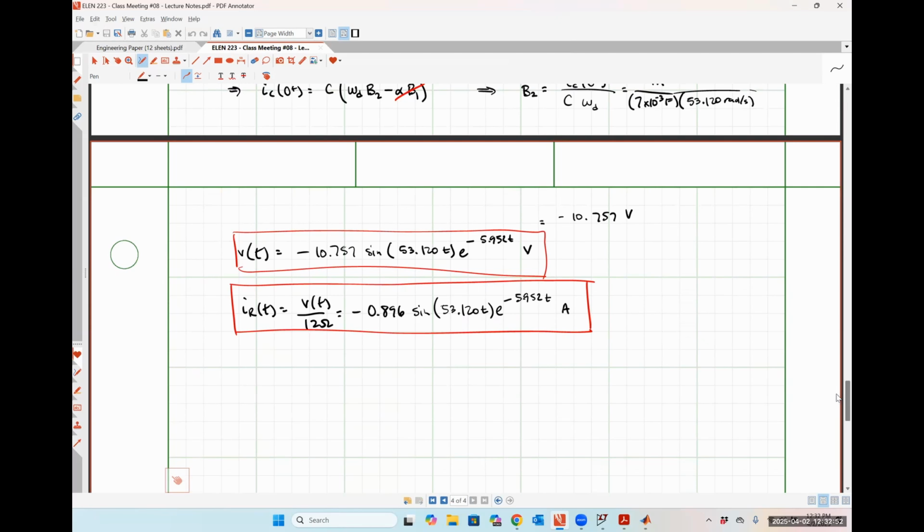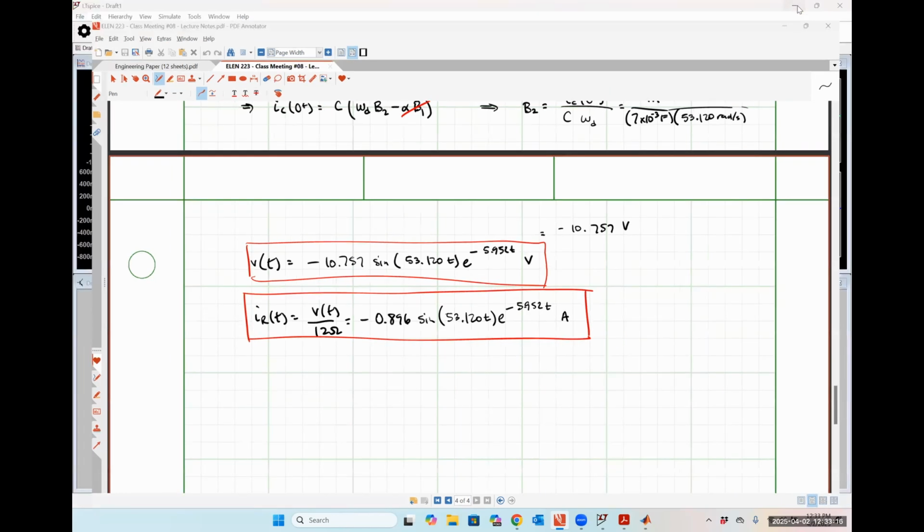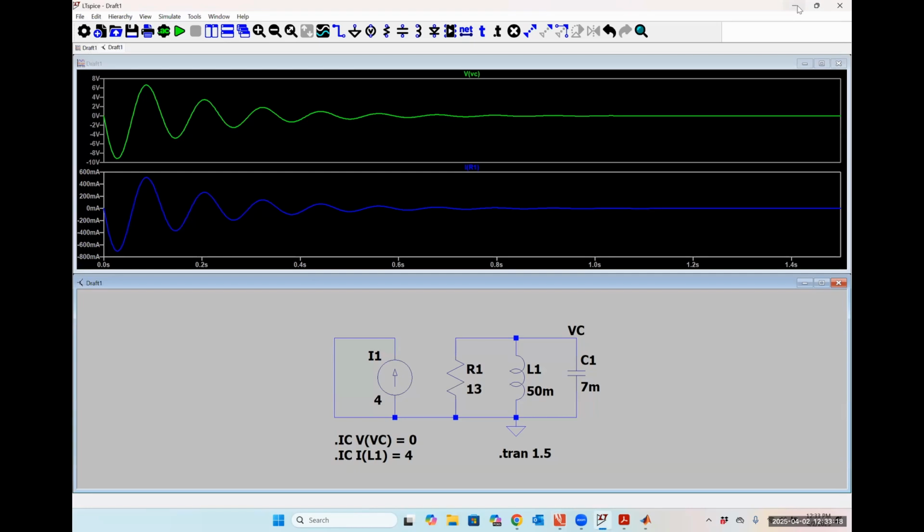The voltage is negative 10.757 sine of 53.120 t, times e to the negative 5.952 t, volts. And then the current was just that voltage divided by a factor of 12. I'm sorry that my memory is that of a goldfish with head trauma. I'm going to have to go back and forth to remember what these numbers are, but I'm going to show you how we can verify those things real quick.